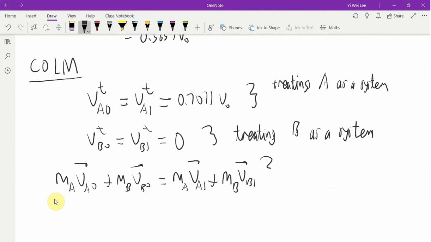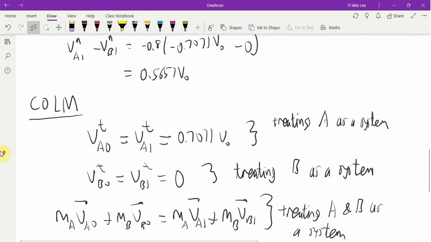Okay, so this equation can be obtained by treating A and B as a system. Do you see the beauty of this method of solving now?